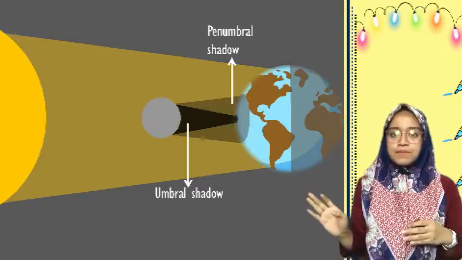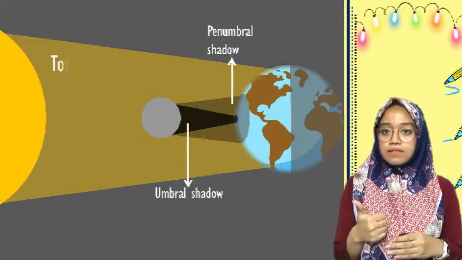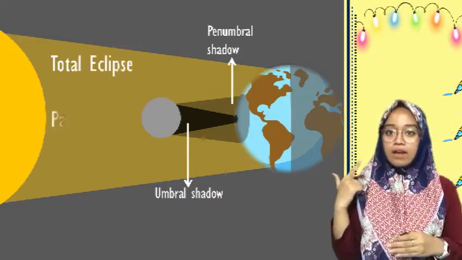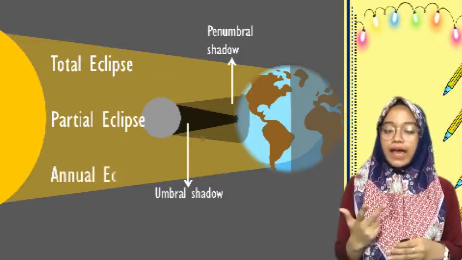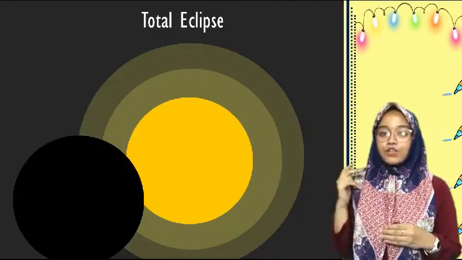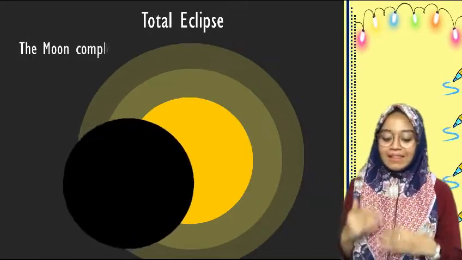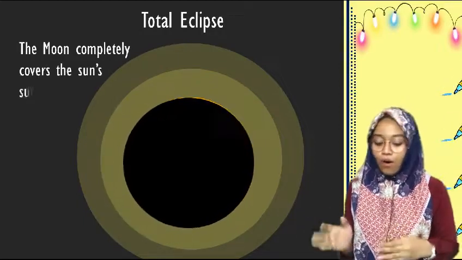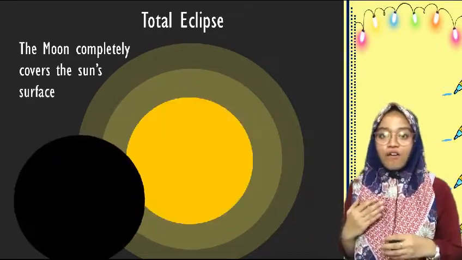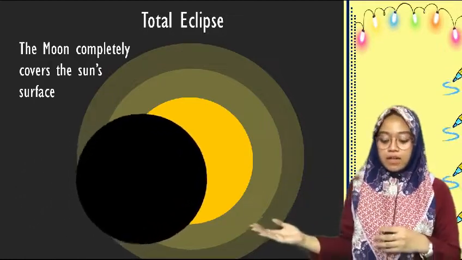In a solar eclipse, there are three types: total eclipse, partial eclipse, and annular eclipse. A total eclipse can happen when the Moon completely covers the sun's surface, blocking all of the sun rays from reaching the Earth.